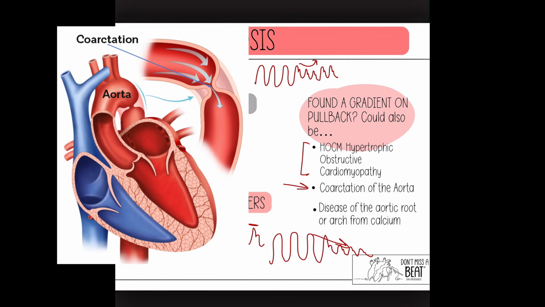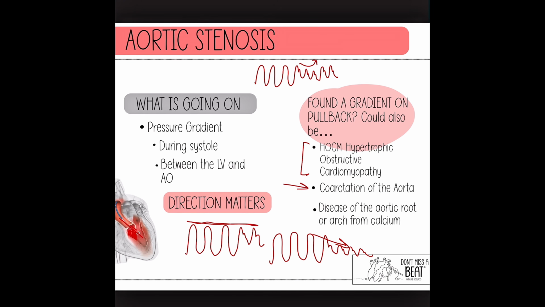It could have just changed because of your movement, right? But you can have coarctation of the aorta, stenosis or disease in the aorta. You could also have disease in the aortic root or arch from calcium, and that could cause a gradient as well. Will it be super significant? Probably not, again, unless it's coarctation or there's some sort of severe occlusion.